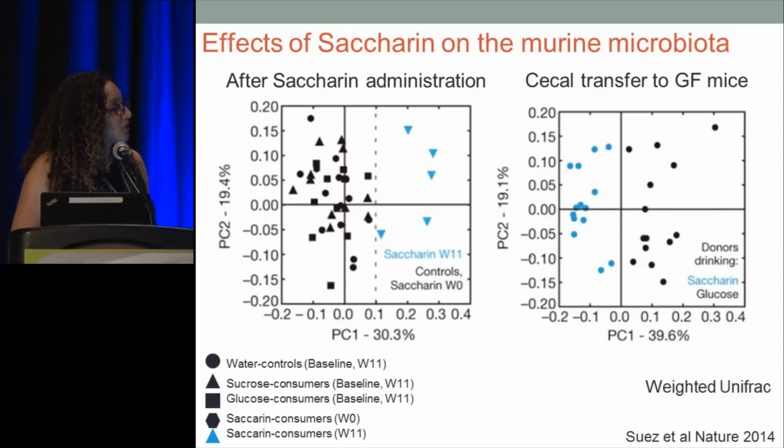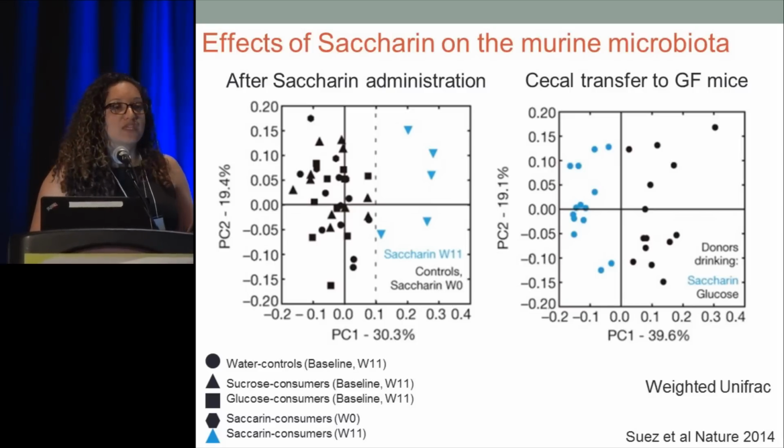And the blue triangles represent the mice that received saccharin treatment at 11 weeks of life. And what you can see is the distinction between the blue triangles and the black, suggesting that there were alterations in microbial communities.